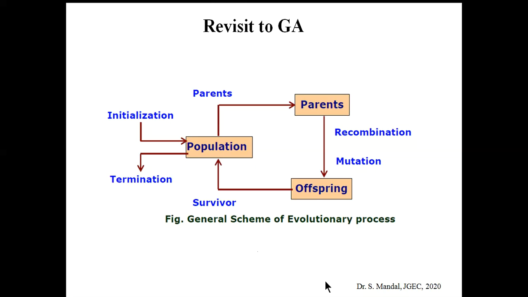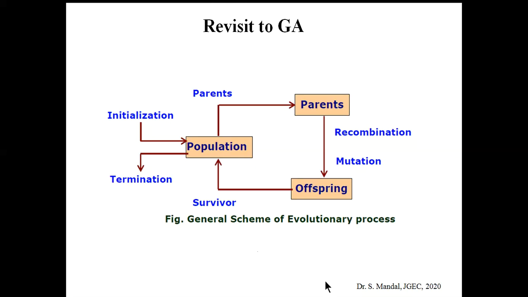Now from that population we need to select two parents which are more significant, and this significance can be determined by the fitness value of the corresponding solution. So from the population we need to select two parents.